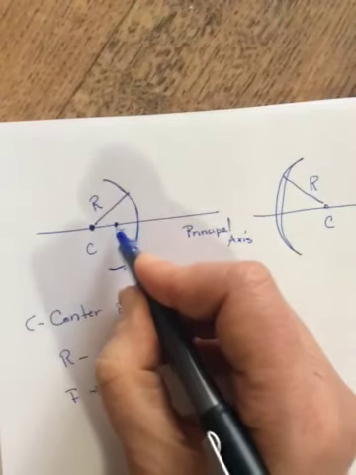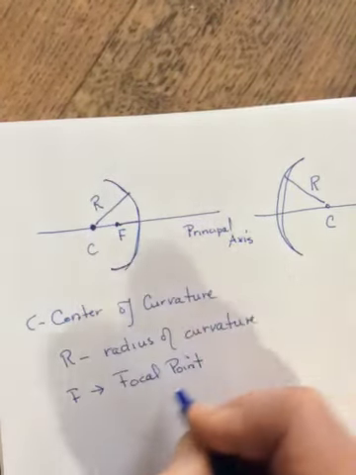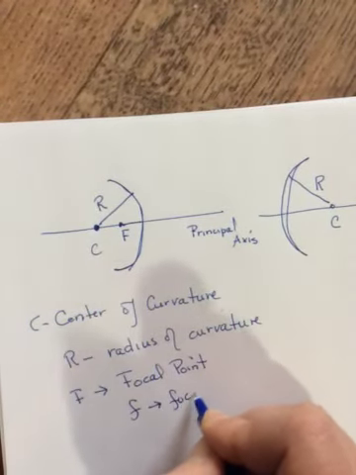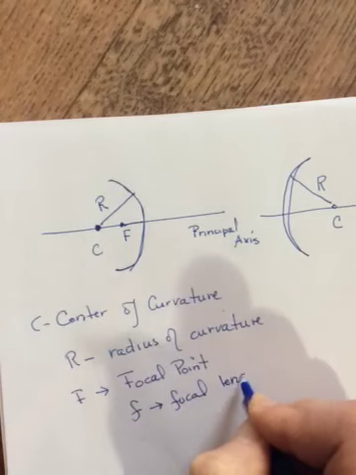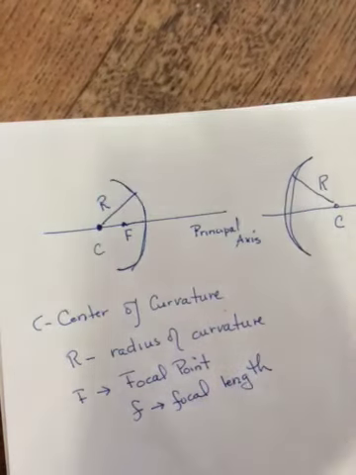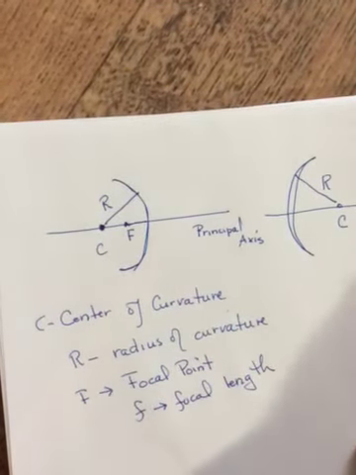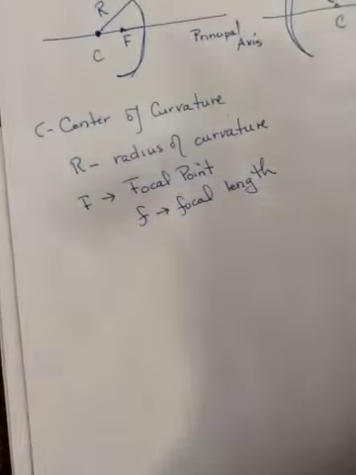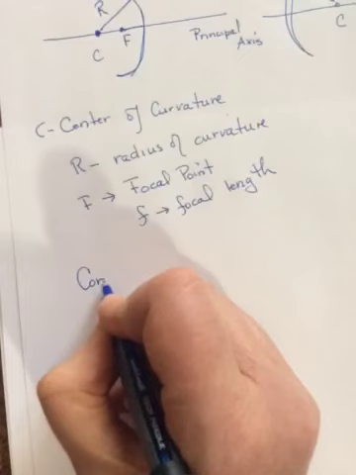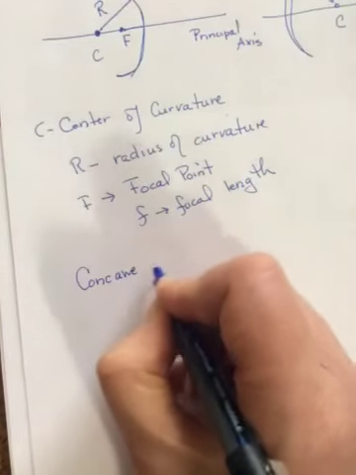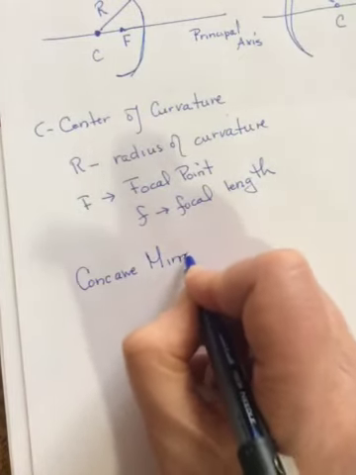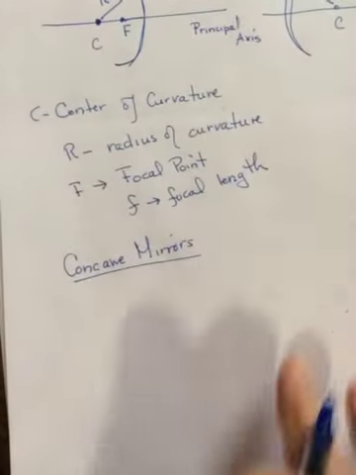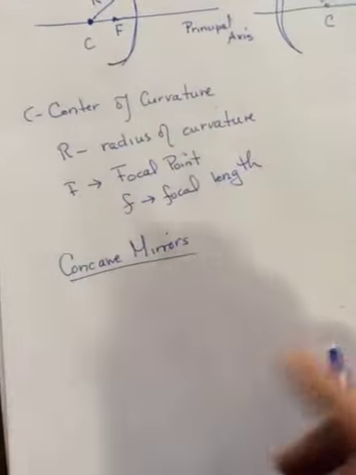And the distance from the focal point to the mirror is little f, the focal length. Okay? We're going to start with concave mirrors. And for the next video, which will be day 3 of our absence, you're going to want 3 different colors.